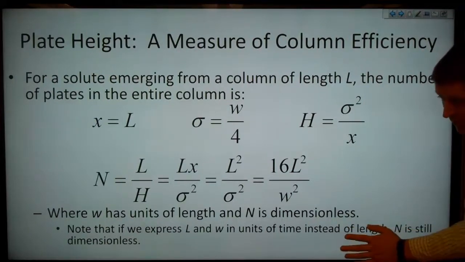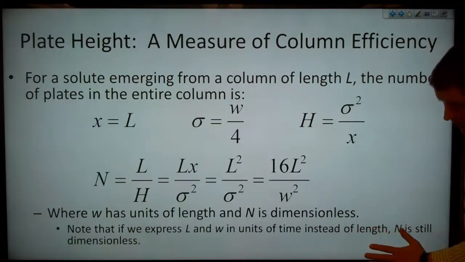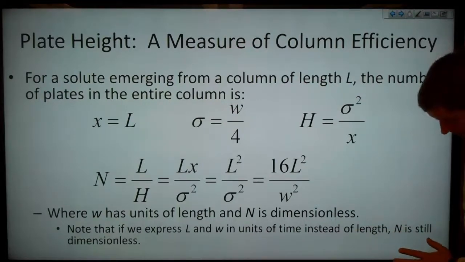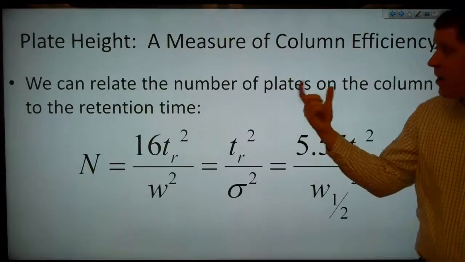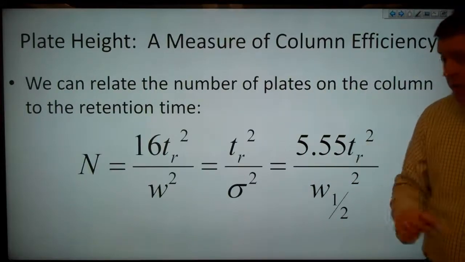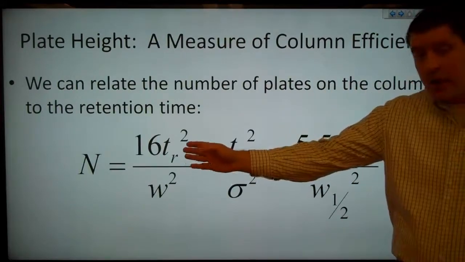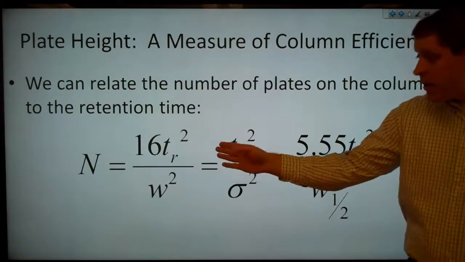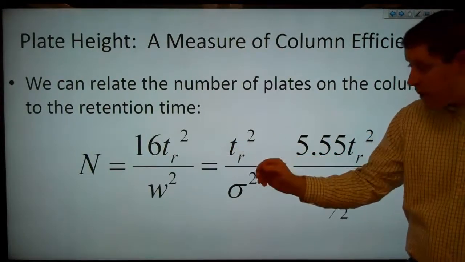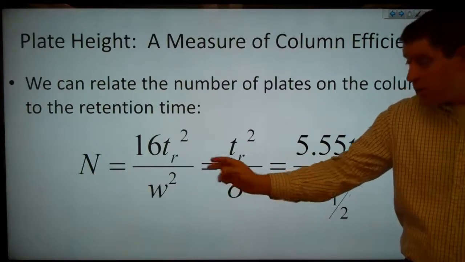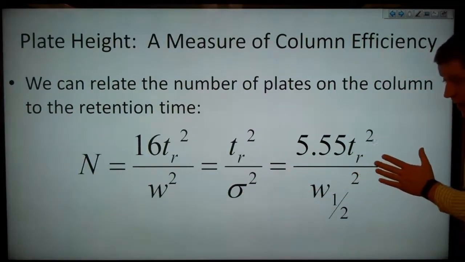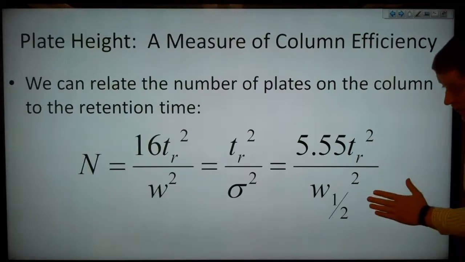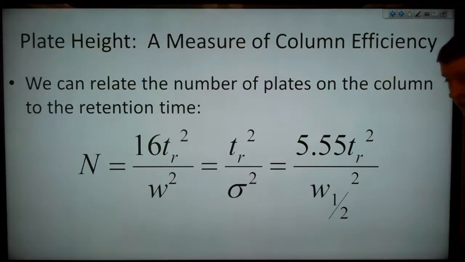Note that if we express L and W in units of time instead of length, then N is still dimensionless. And we can now relate the number of plates on the column to the retention time. The number of plates on the column N is equal to 16 times the retention time squared over W squared, and that gives us then 5.55 times t_R squared divided by W_1/2 squared.